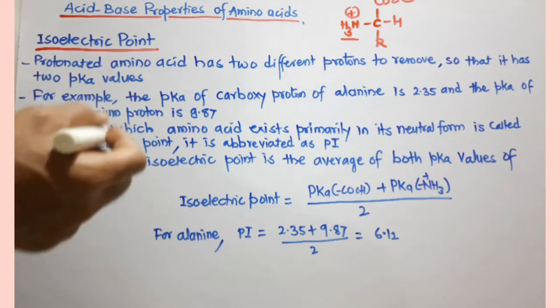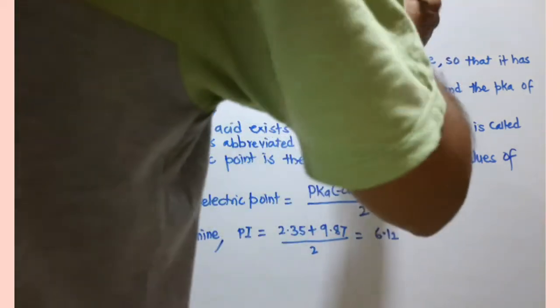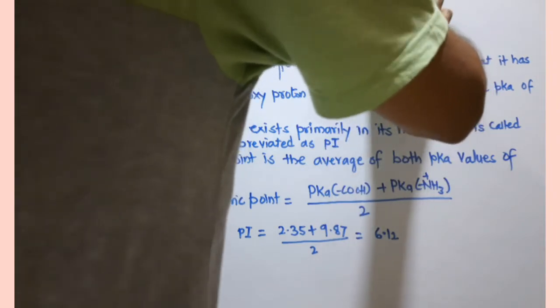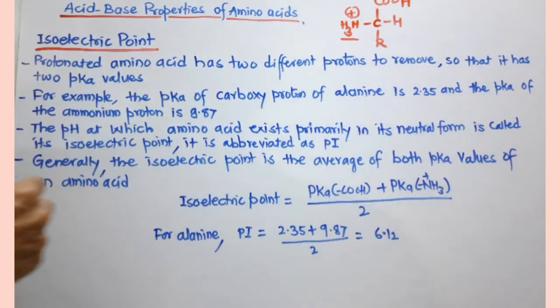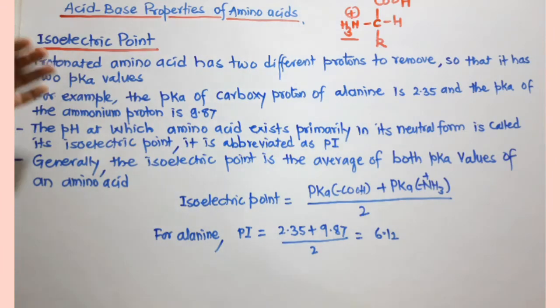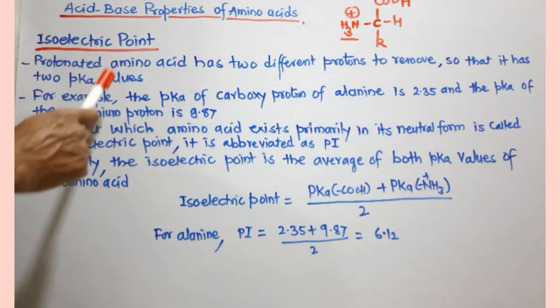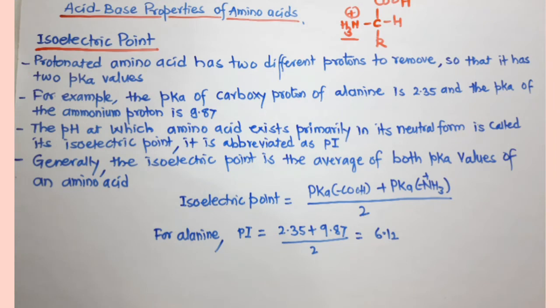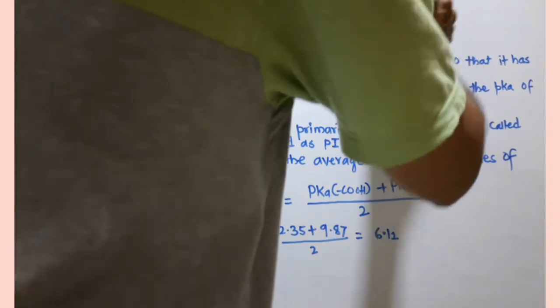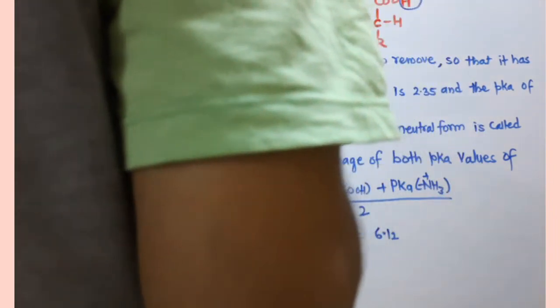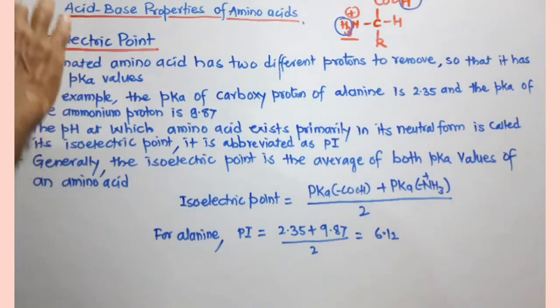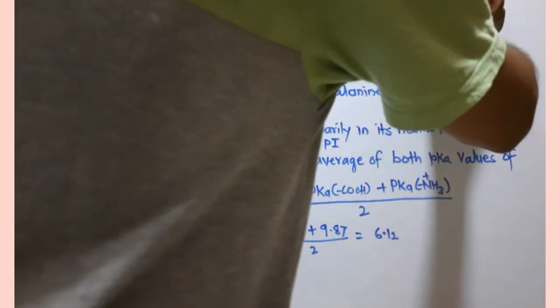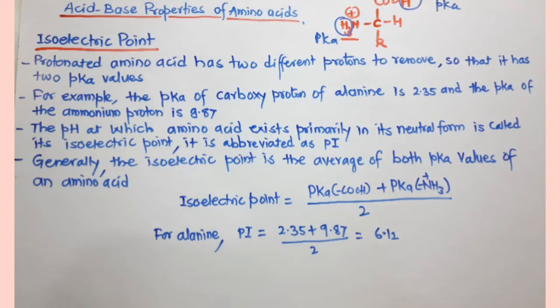When we add strong acid, there is a proton attached on the COOH group. So we can say this is the protonated form of the amino acid. In the protonated amino acid, we have 2 protons to remove, this proton and one proton from here. Because of this, each amino acid has 2 pKa values.